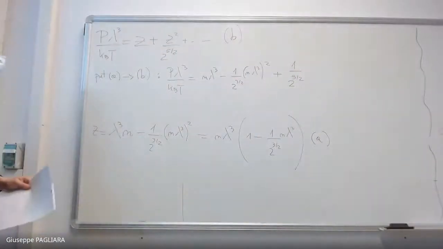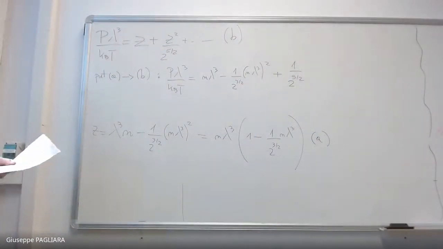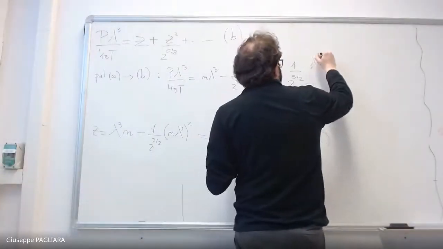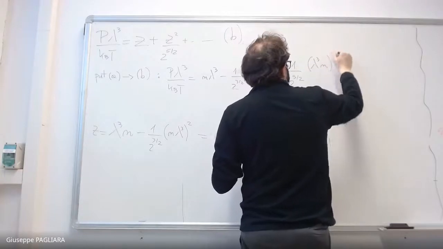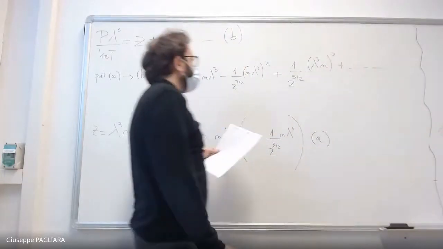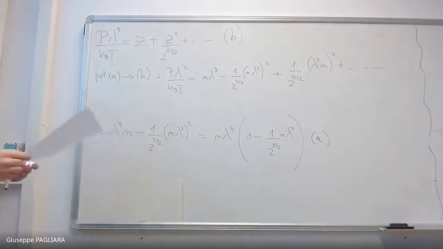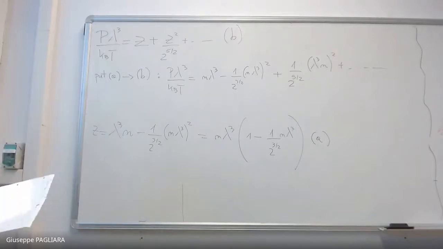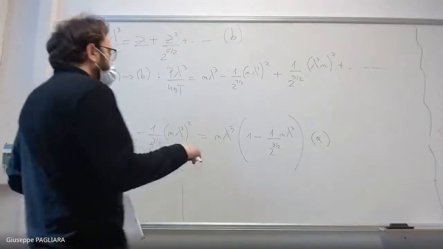And then I have the square, but at leading order in n lambda cubed, I just keep the n lambda cubed square term. Plus all the other terms. Let me check that it is right. Okay. Because then I have all the other terms, no?